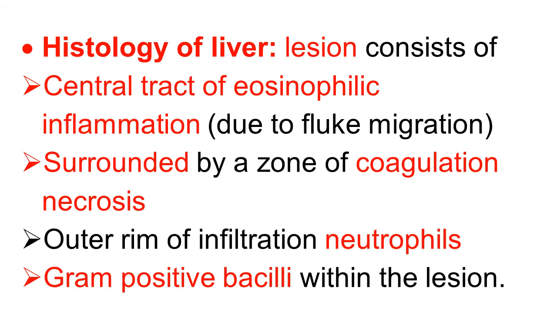The lesions are surrounded by a zone of coagulation necrosis, and the outer limb of the lesion is an infiltration of neutrophils. There are gram-positive bacilli within the lesion. These are the characteristic histopathological lesions of liver.